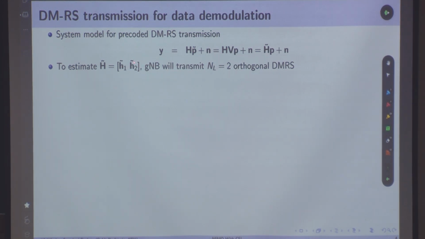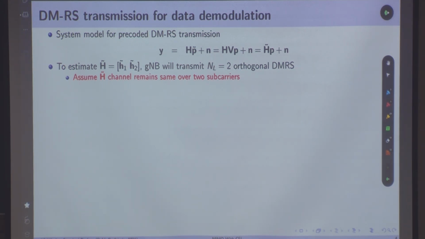Based on this, gNB will transmit NL equal to 2 orthogonal DMRS. And how is that orthogonality created? The orthogonality is created in a similar manner as it was created for CSI-RS. What we said there was, how many resource elements do you need to create 2 orthogonal DMRS?